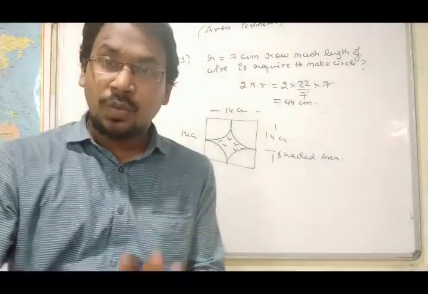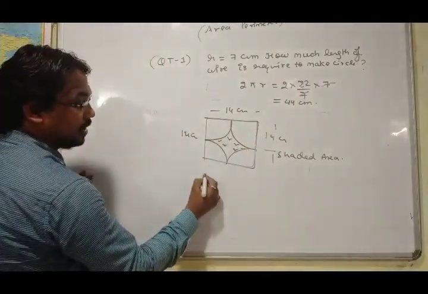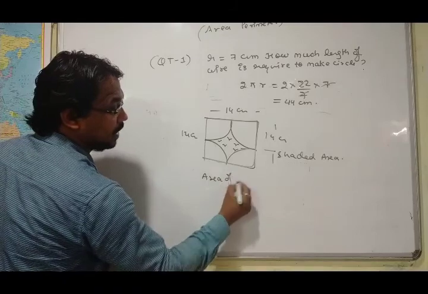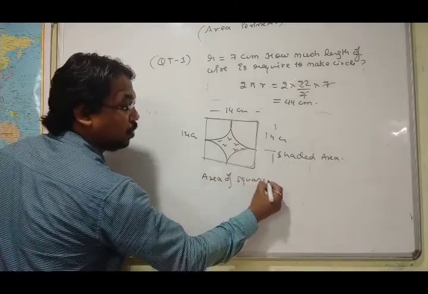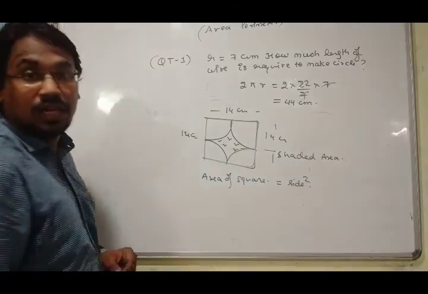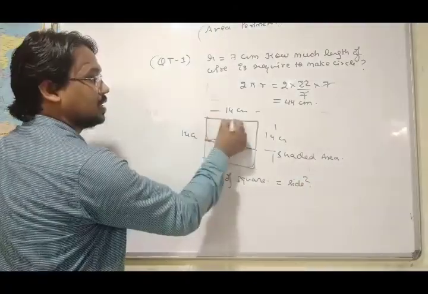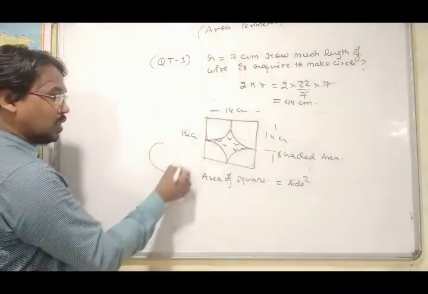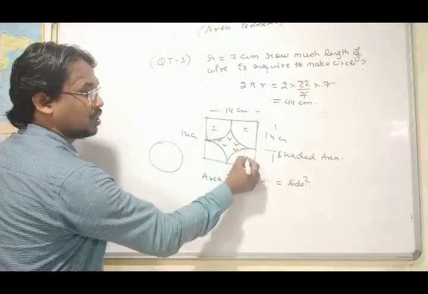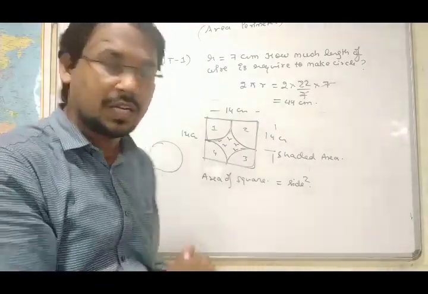So when they ask the shaded area, how will you find it? You have to first find the area of square, which I have told you earlier, that is side square. Then after that, see that this is 1/4 of a circle. So one complete circle, 1 2 3 4, these all 4 quarter circles will join and you will get one complete circle.